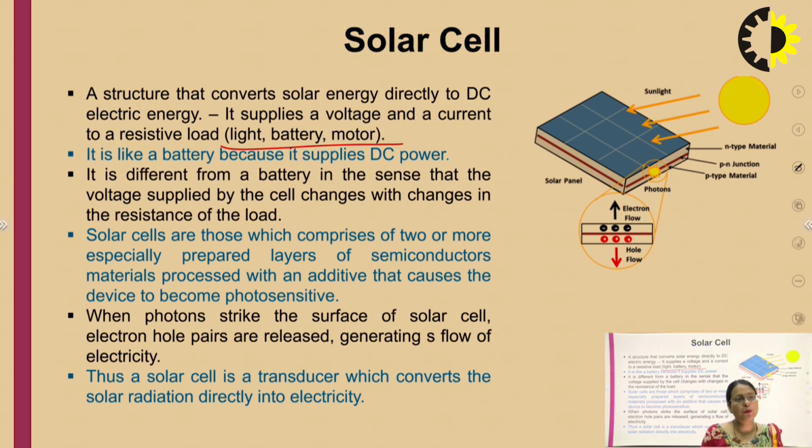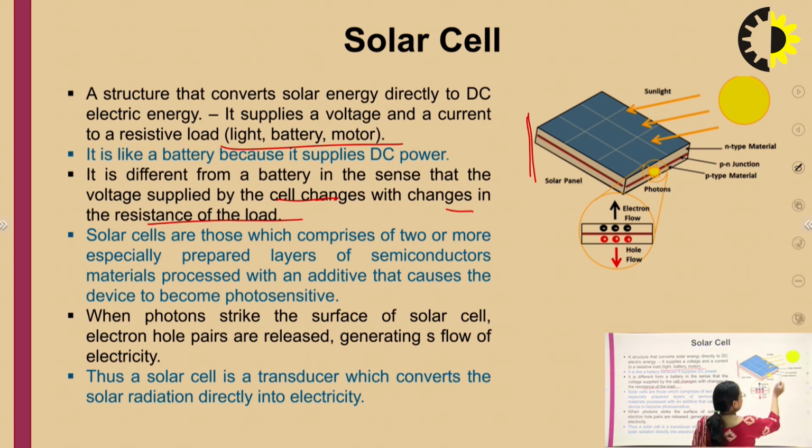It is different from a battery in the sense that the voltage supplied by the cell changes with changes in the resistance of the load. Solar cells are composed of two or more specially prepared layers of semiconductors. You can see here the layers of semiconductor materials which are processed with an additive that causes the device to become photosensitive.